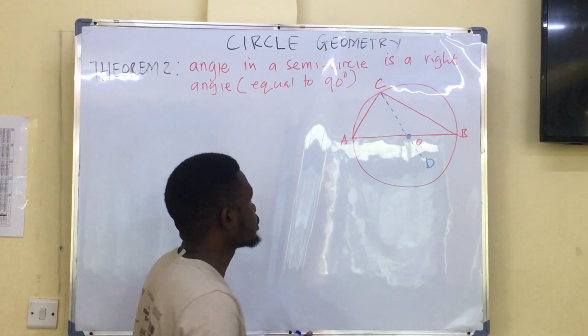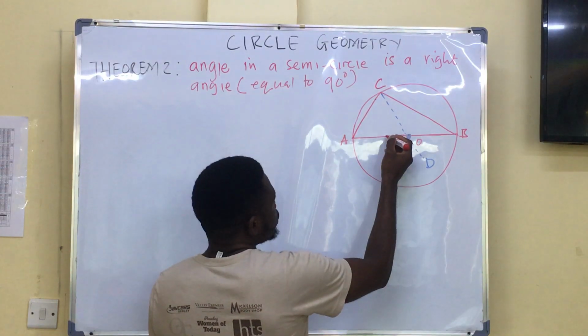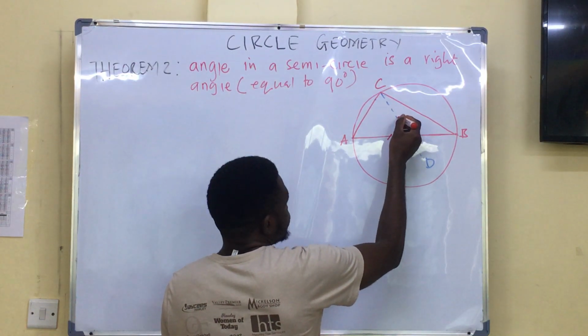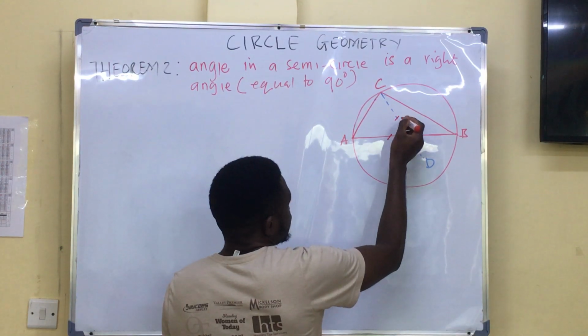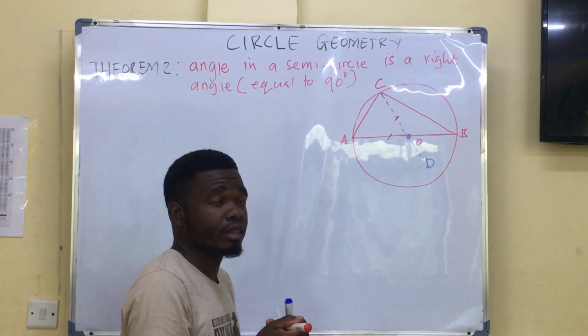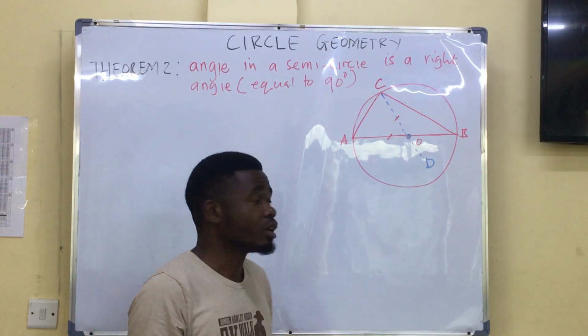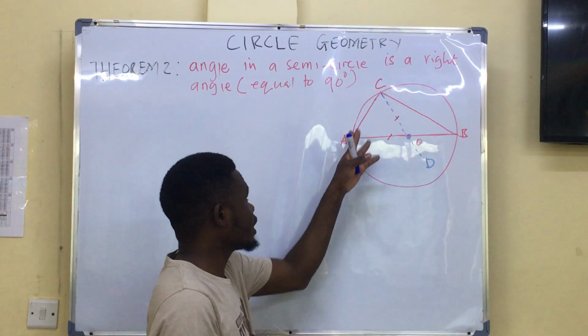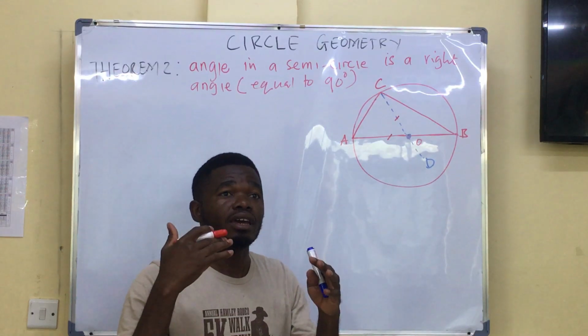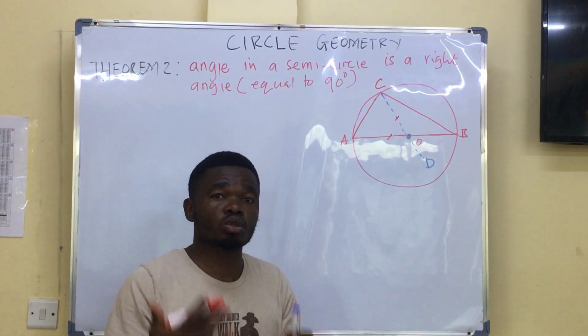So remember that. This line and this line are equal, they have the same length. This one is a radius, and this one is a radius as well, right? Meaning that triangle ACO is an isosceles triangle.